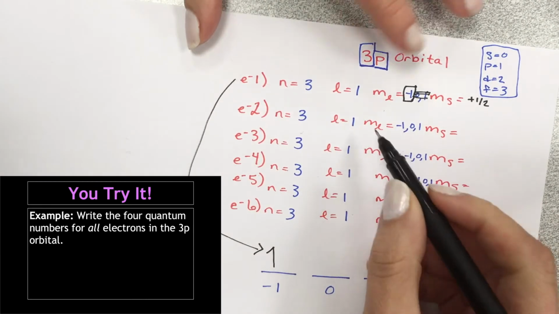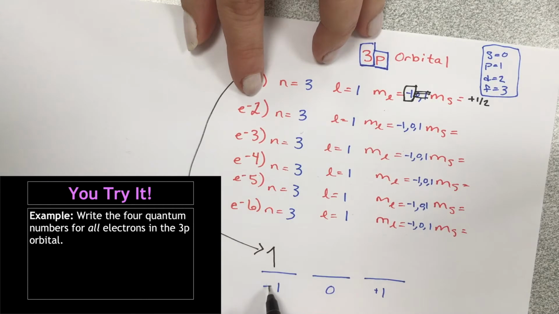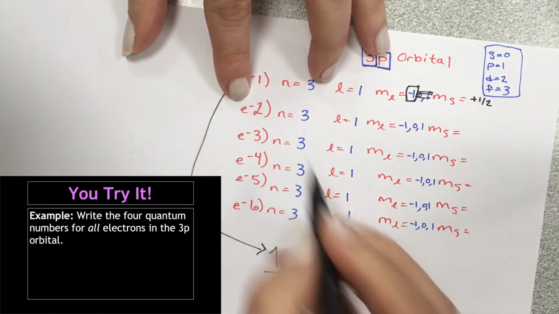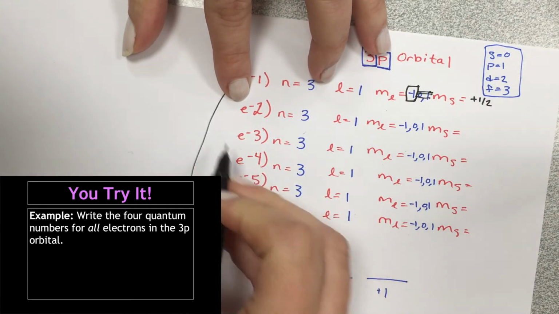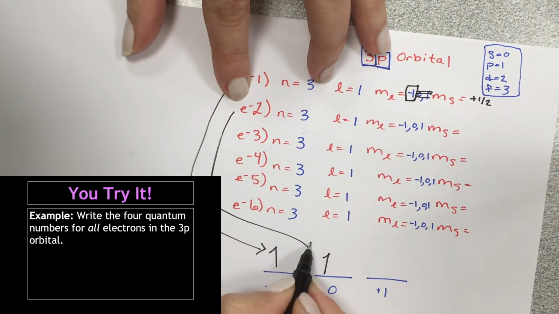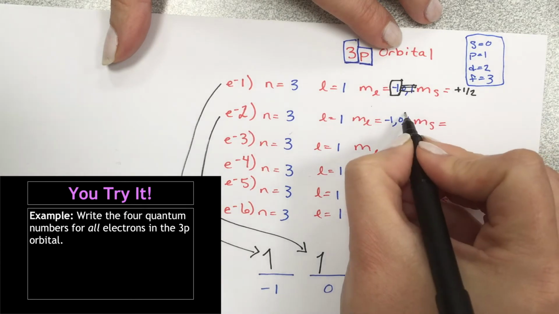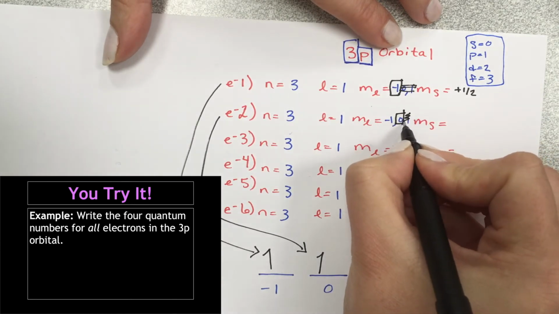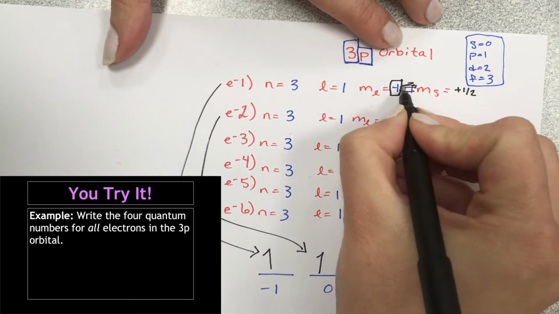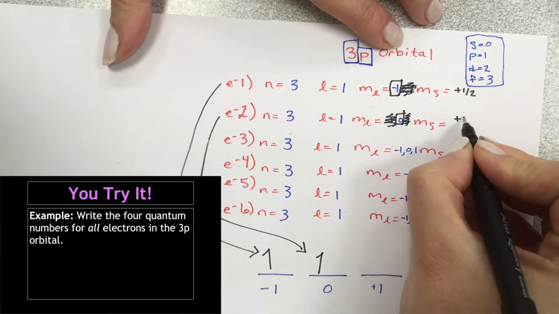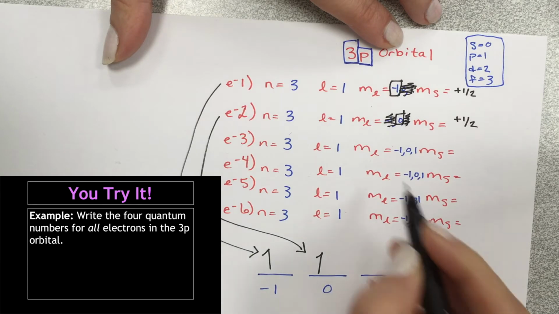Okay, next one. Remember, we can't fill this one in until we filled 1 electron in each. We cannot do our down arrow yet. So the second electron, it's right here, okay? So it's in the 0 orientation. So this is the correct answer, and these 2 we ignore, okay? And it's spinning up, +1/2, okay?